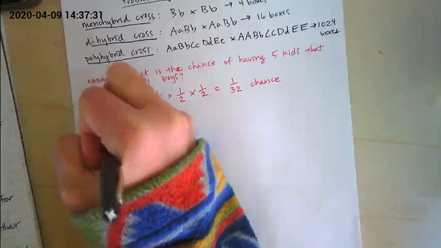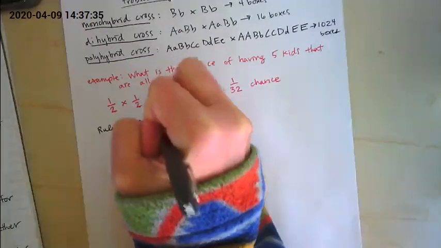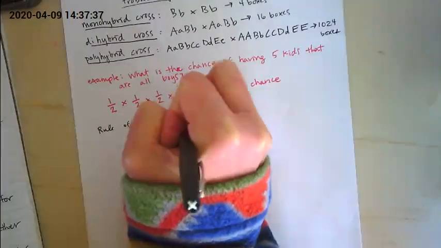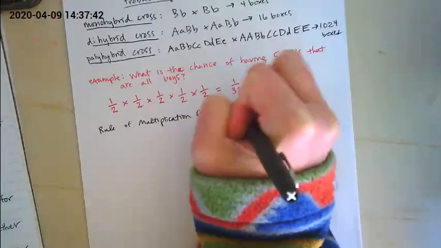So the rule of multiplication for genetics.